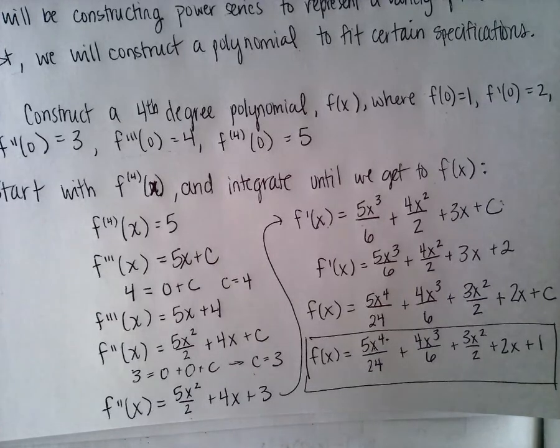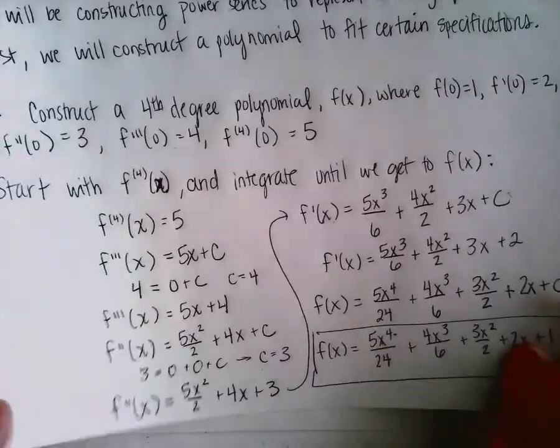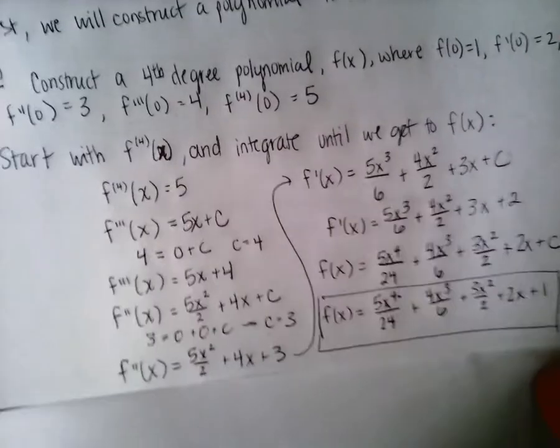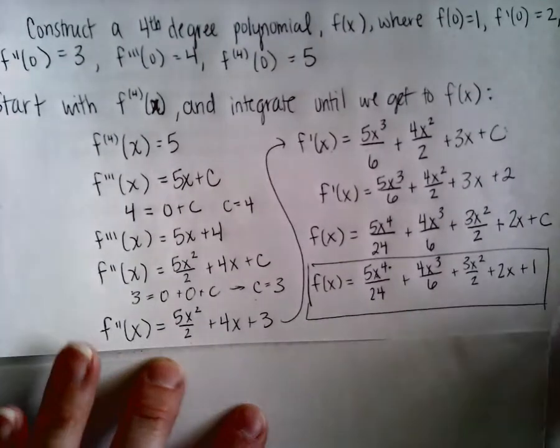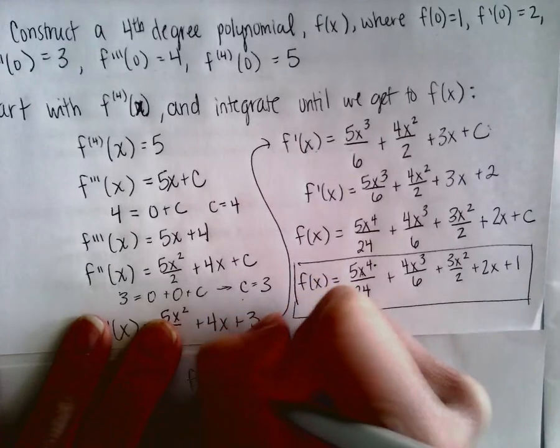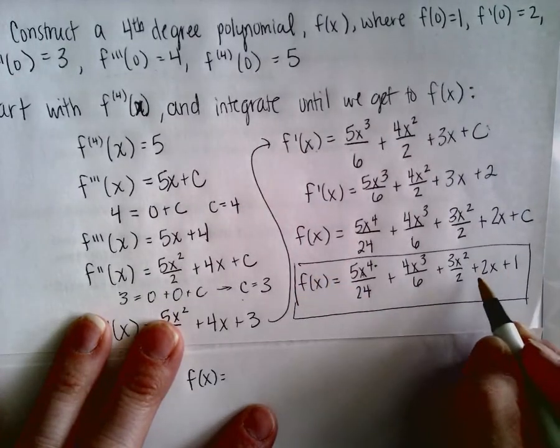Just for fun, I want to try to write this as a power series in sigma notation. Wouldn't that be fun? So if I want to try to write this as a power series, I'm going to first flip the order around, because normally we'll start at x to the 0, x to the first, x squared.